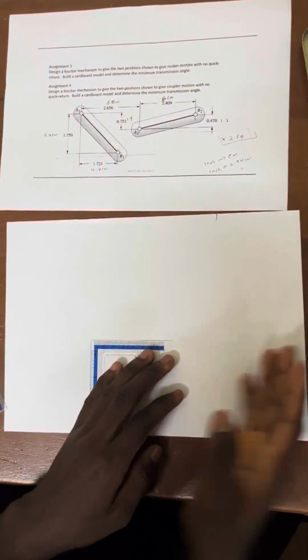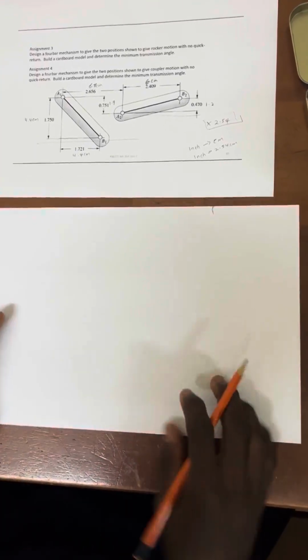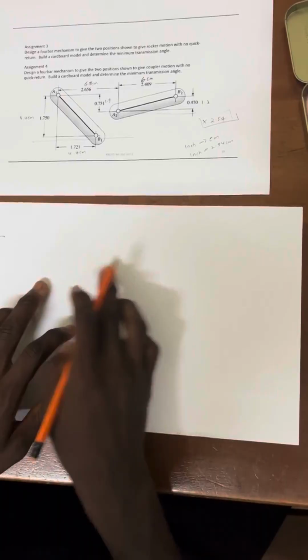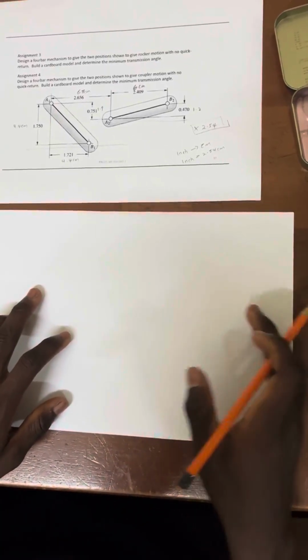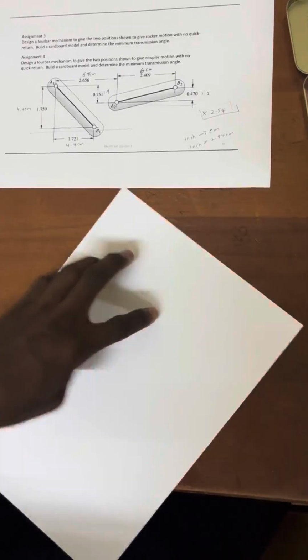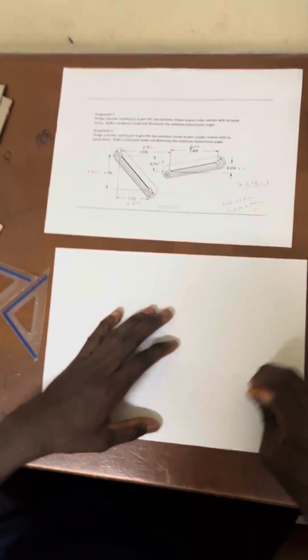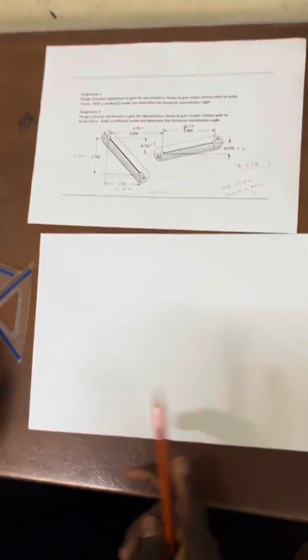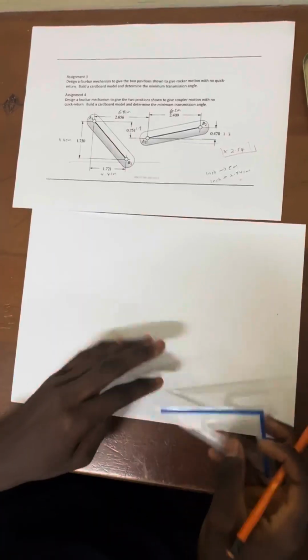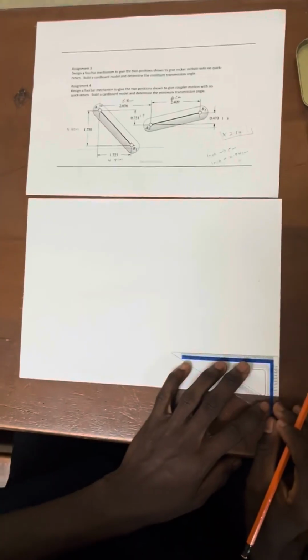So I'm going to draw these two bars over here, so that when I turn it upside down, I'll get a space at this side to add my crank and then the follower. So I'll draw a horizontal line over here.